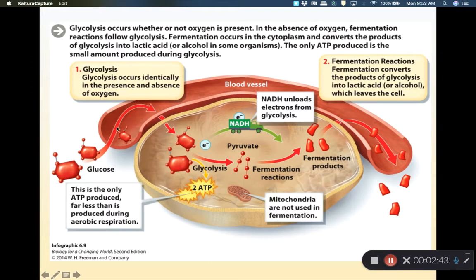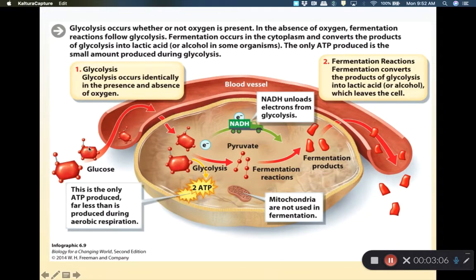So let's take a look at where all this is happening in the cell. As I said previously, fermentation makes use of the first pathway of aerobic respiration, glycolysis, and that is all happening in the cytoplasm of the cell. So the mitochondria are not used in fermentation.